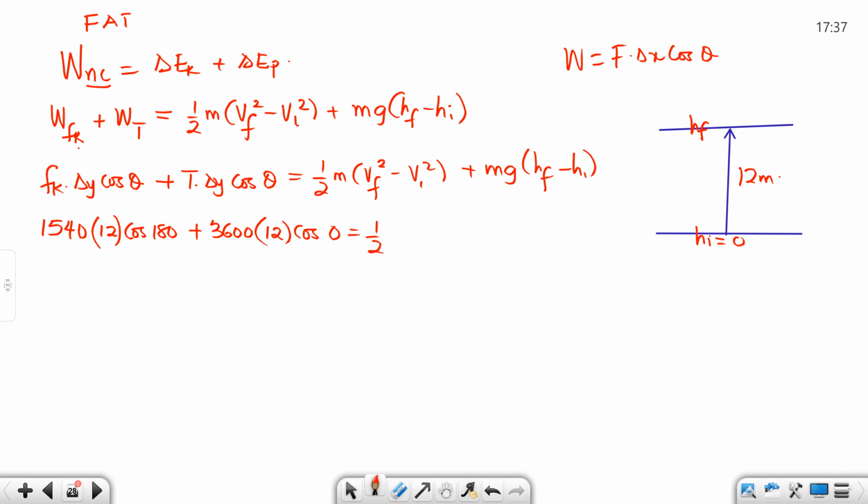What's the mass? 75. Do we know the final velocity? No. Vf squared. The object started from rest. 0 squared. Plus, what's the mass again? 75. What is our g? 9,8. What's our final height? 12. Guys, do you understand the easy way of doing this?